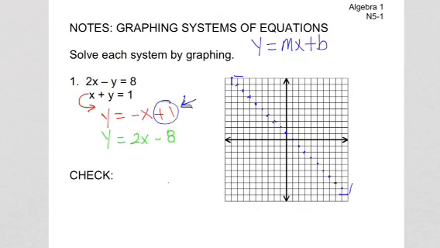So let's take a look at our second equation, which began at negative 8. And then our slope is 2, so we rise 2, go right 1. We'll continue that trend, and when we do, we see that that is our common point.